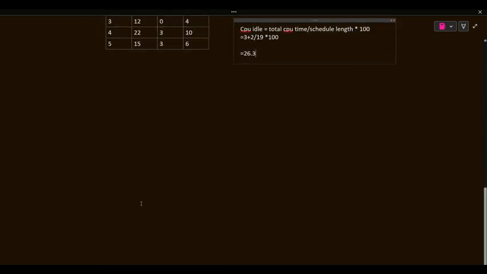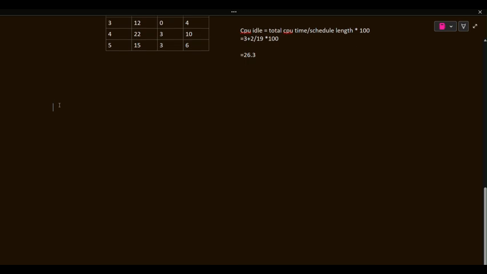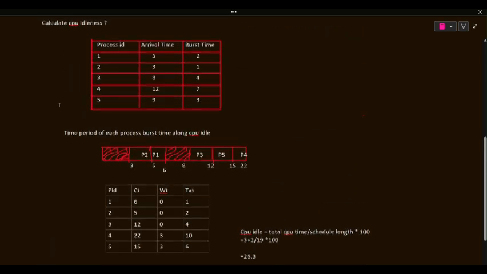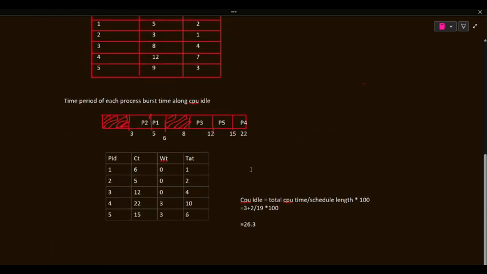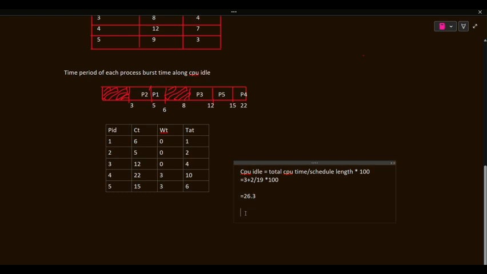And similarly, we can also calculate the CPU efficiency, which is nothing but 100 minus CPU idleness, which is 100 minus 26.3, nearly equal to 73.7.